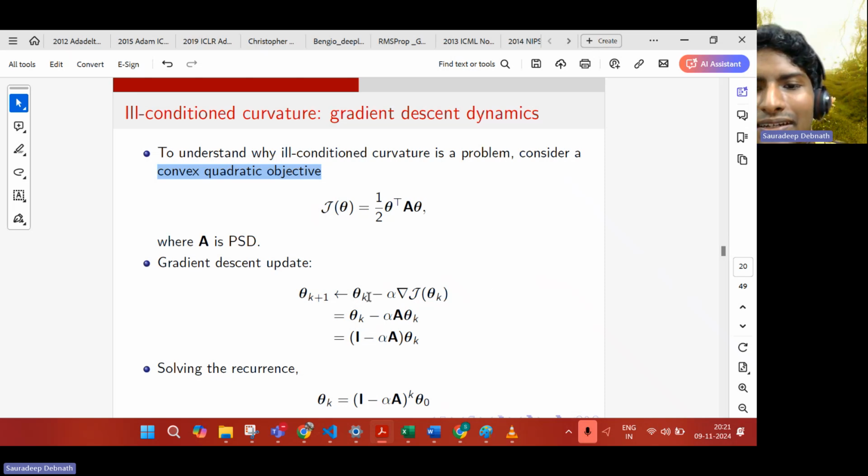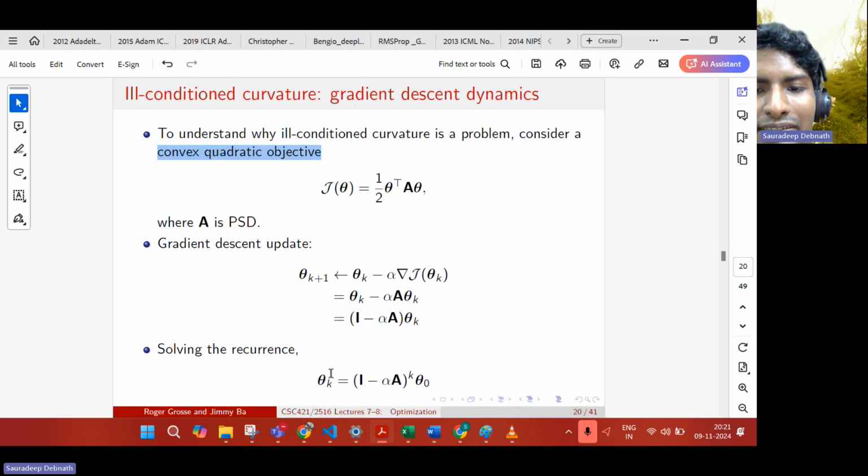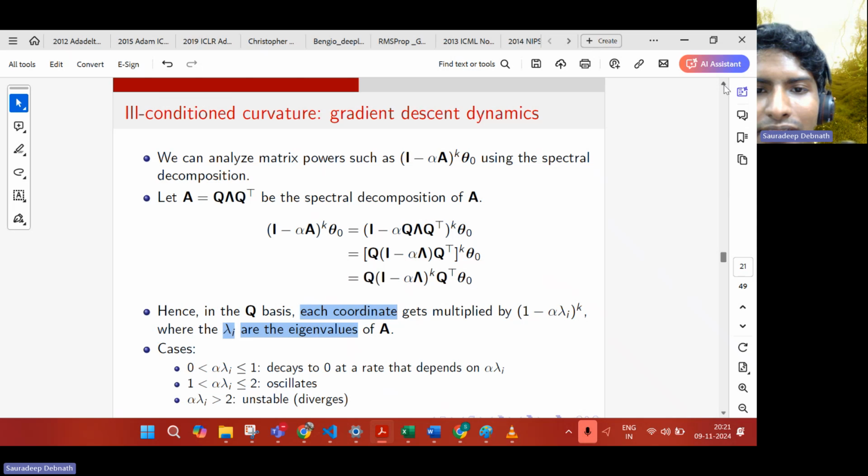And now this is the gradient descent update, and we're solving the iterations: how does theta k compare with theta naught. And let's do a spectral decomposition of A. And what is A?